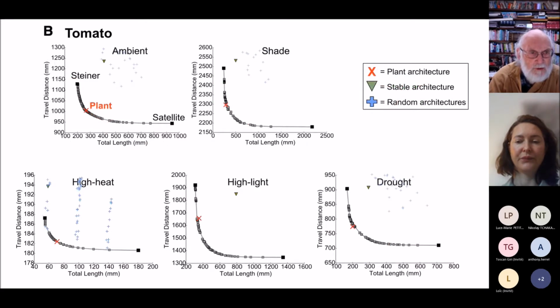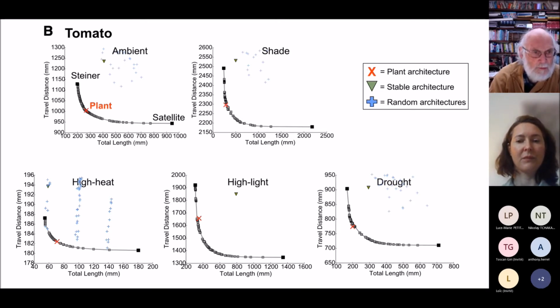And here we have the calculated Pareto curve, which is shown with lots of these little grey squares, and the position of the plant, which is a red cross, which has been raised under the particular conditions: ambient shade, high heat, high light, etc. And you see that in each case the plant is conforming with some sort of a maximum performance in terms of the Pareto curve.